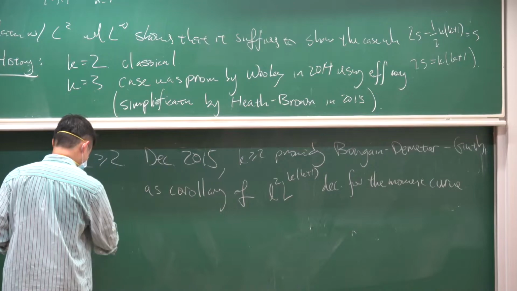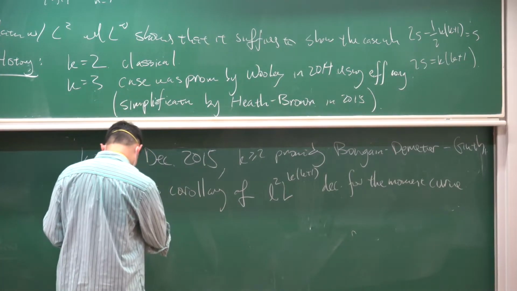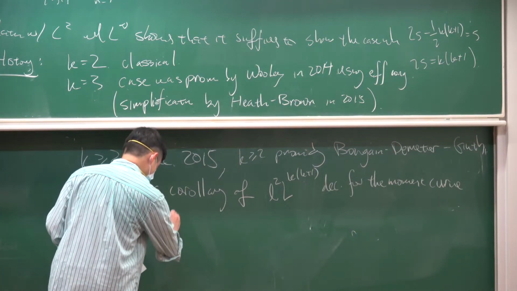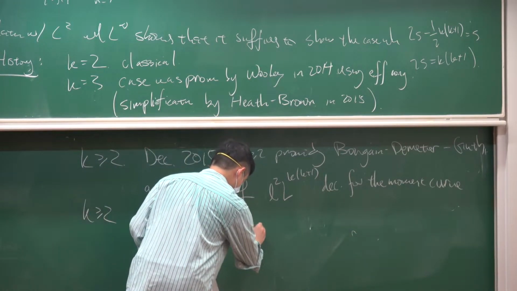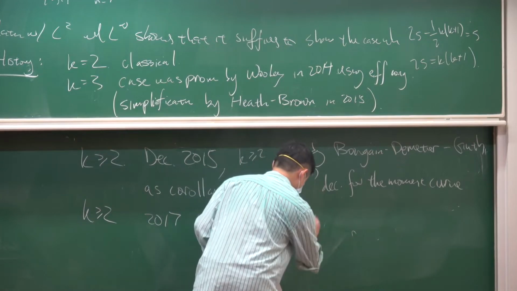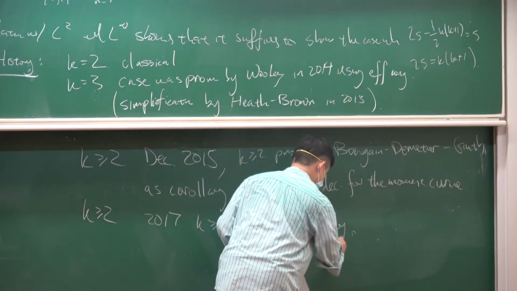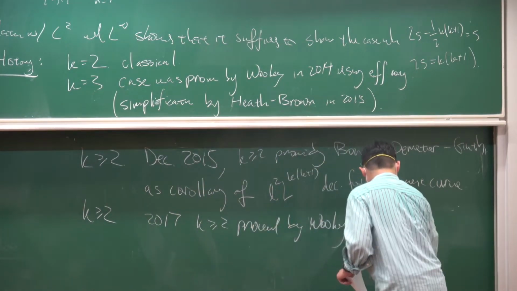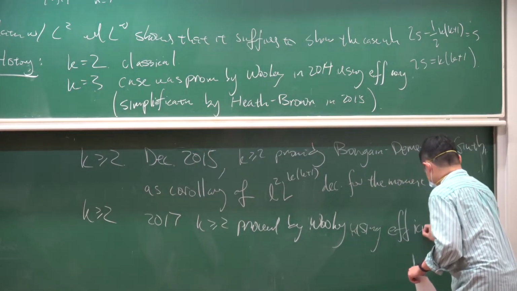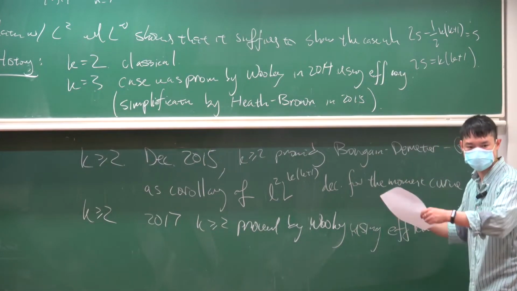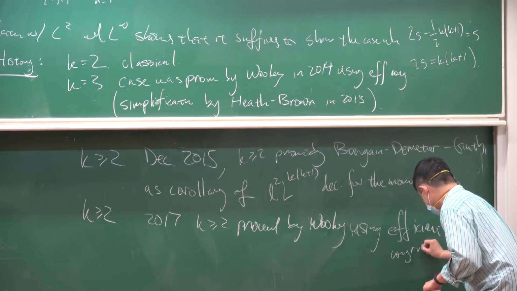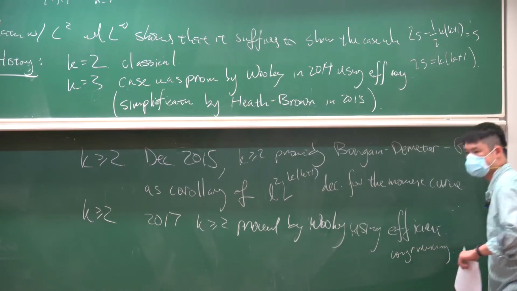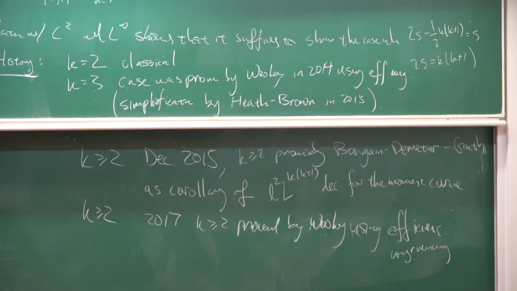So Woolley in 2017 proved the case k bigger than or equal to 2 using efficient congruencing. And we'll talk about what efficient congruencing even is.